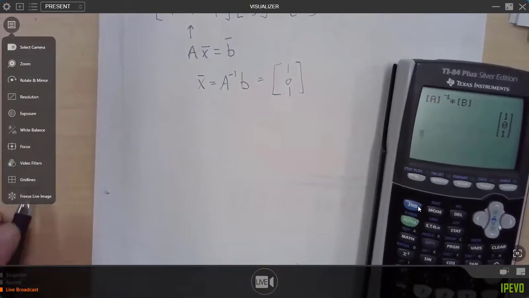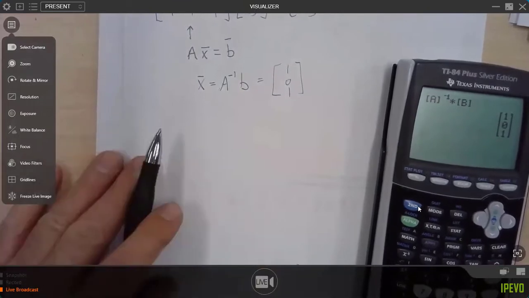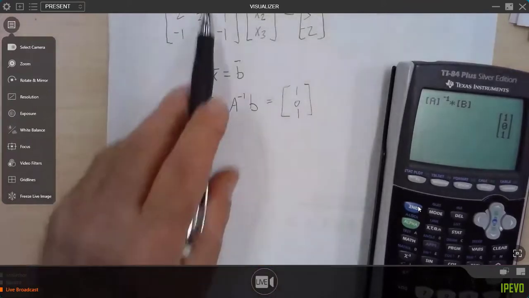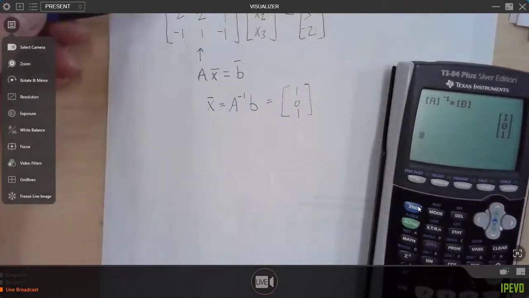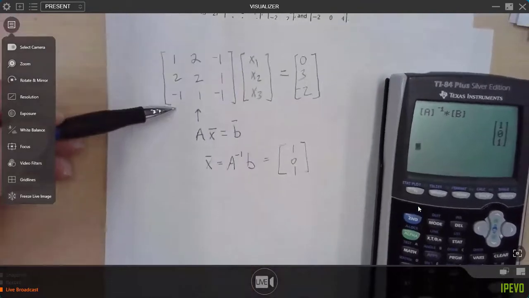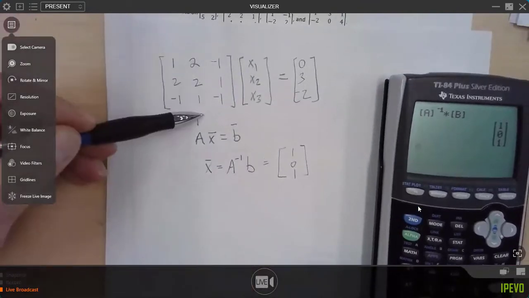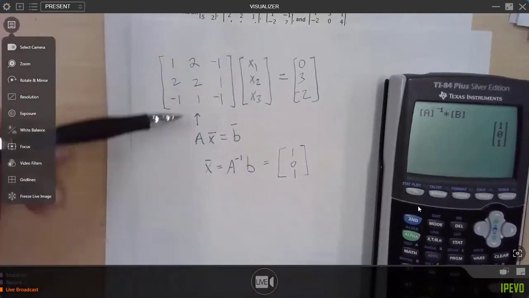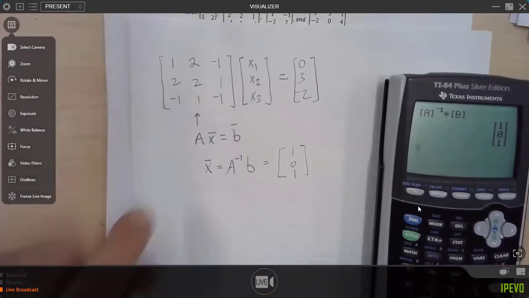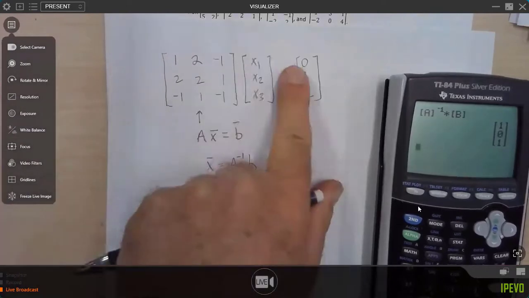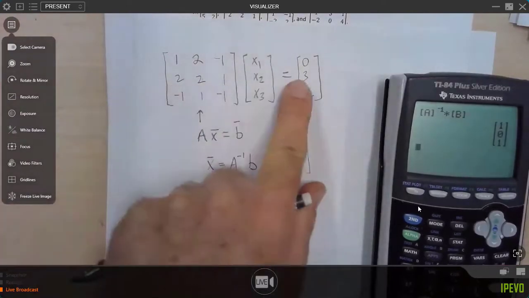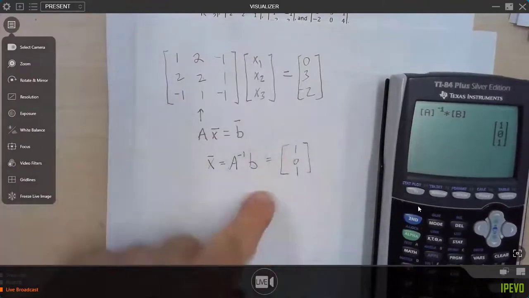Let's check, is it right? It is. If you multiply 1, 0, 1 times this matrix, it takes 1 times the first column, plus 0 times the second column, plus 1 times the third column. So it adds the first and the third. Add those, you get 0. Add those, you get 3. Add those, you get minus 2. It worked.